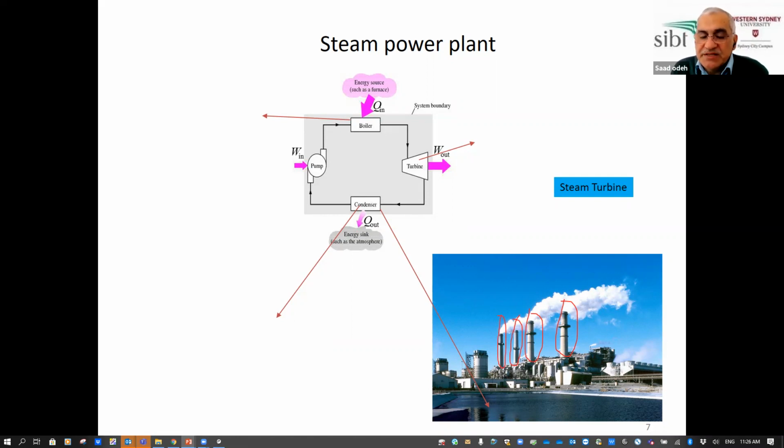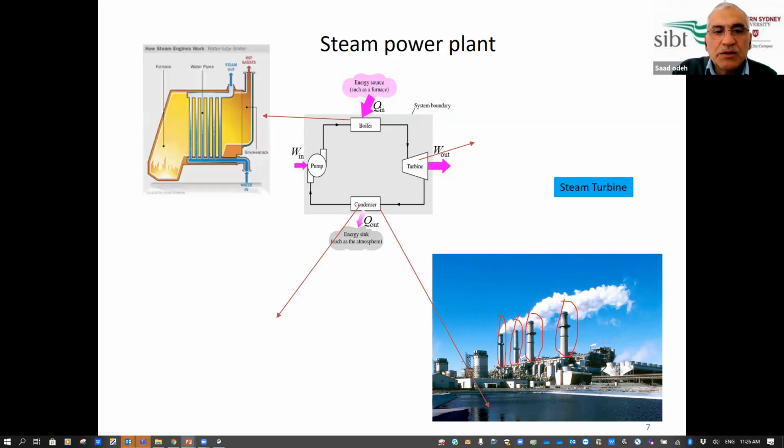So we have a furnace, let's say in this plant, we have 4 furnaces, each furnace connected to a boiler. So we are burning fuel inside these furnaces to heat the water inside the boiler and convert the phase of the water from liquid to superheated steam. Okay, so this is the first thing. This is the furnace, how it looks.